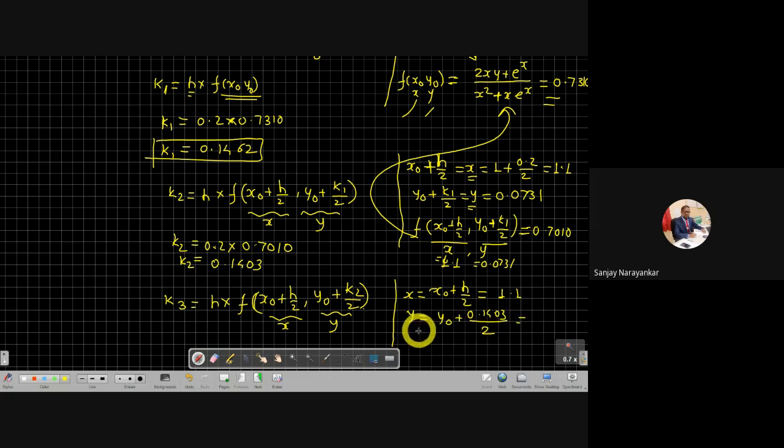So this is your y value, 0.0701. Substitute in this function and you get the value 0.699.